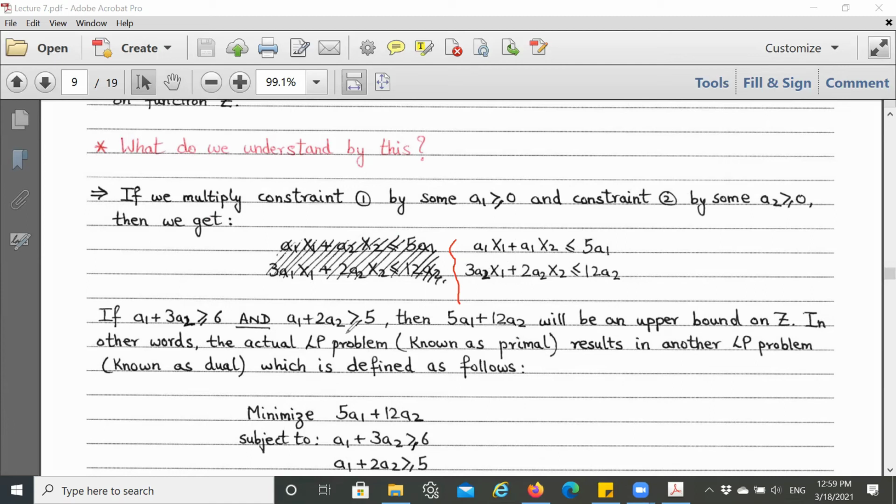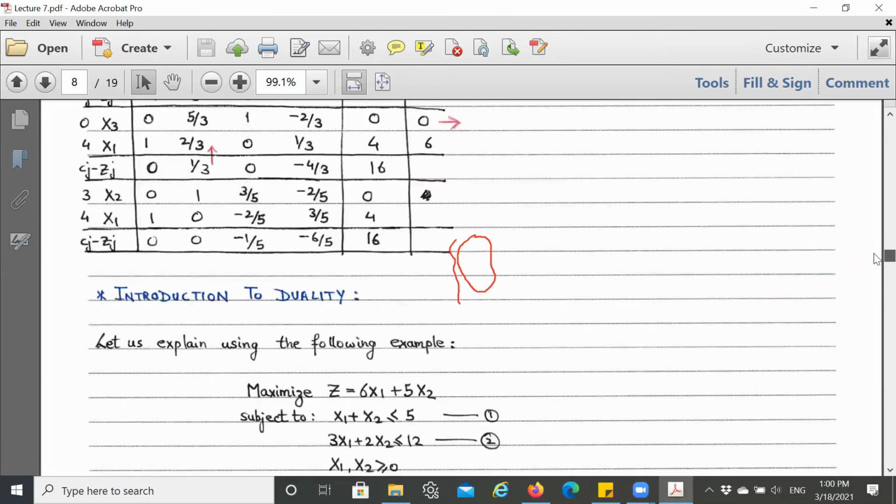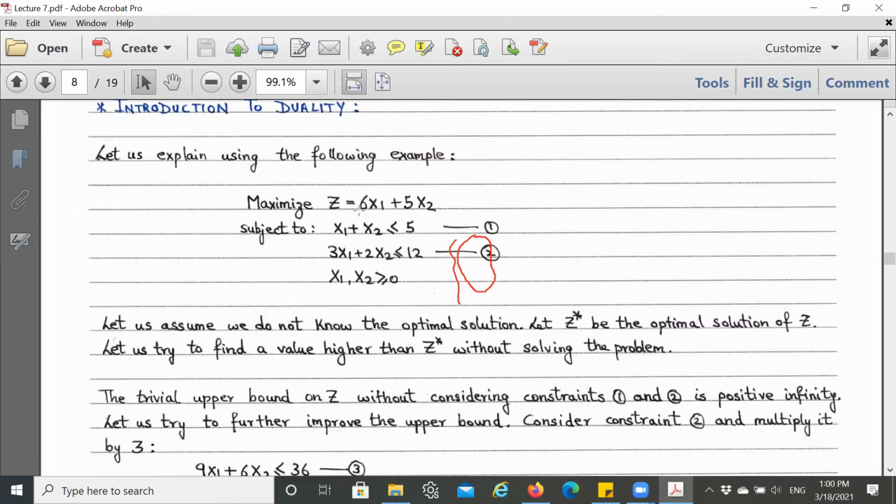So these are just scaling the constraints. Now, look at this. If A1 plus 3A2 is greater than 6. What is 6? This is 6. So I'm saying that if A1 plus 3A2 is greater than or equal to this coefficient.